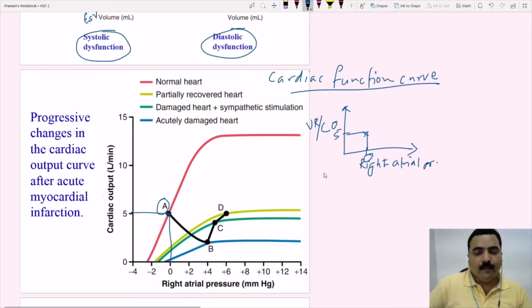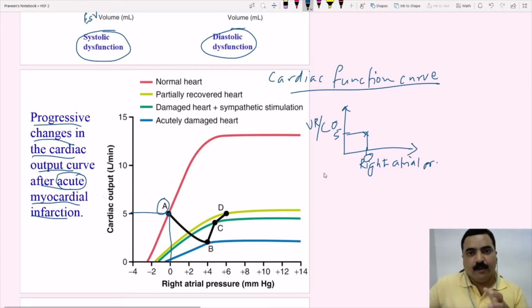Now we are trying to see what happens to this cardiac function curve when there are progressive changes in the cardiac output curve after an acute MI. Immediately, what happens when there is an acute MI? There will be a decrease.